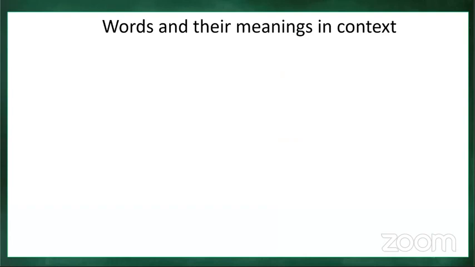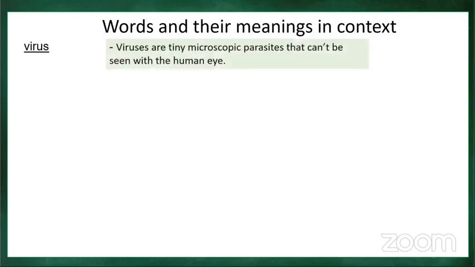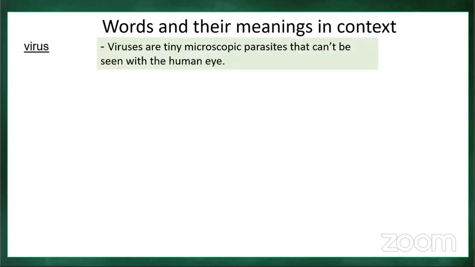Let's look at some words and their meanings. So just try and guess, what does the word virus mean? What do you think it means? A virus is a tiny microscopic parasite that can't be seen with the human eye. Infect.